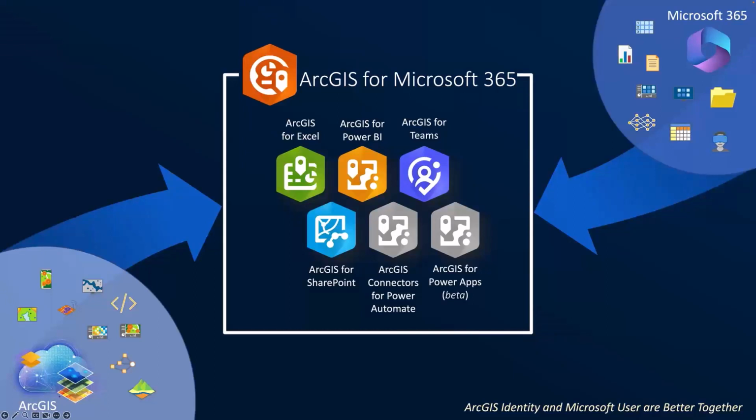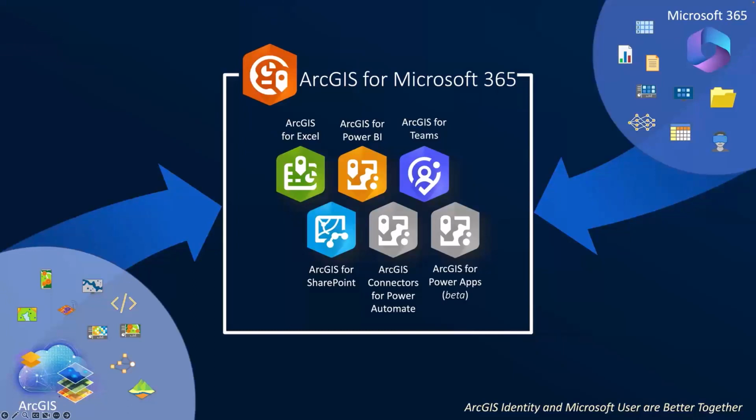ArcGIS for Microsoft 365 is an innovative product family that provides a consistent mapping experience, delivering those new insights and spatial capabilities to everyone across the organization. If you can use the map inside ArcGIS for Excel, you can use the map inside ArcGIS for Teams or ArcGIS for SharePoint. It's a consistent mapping experience, so they only have to learn it once.